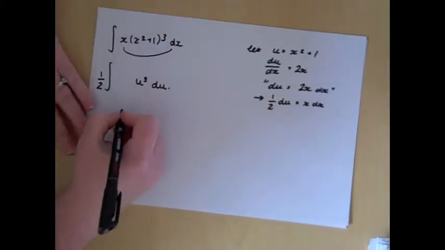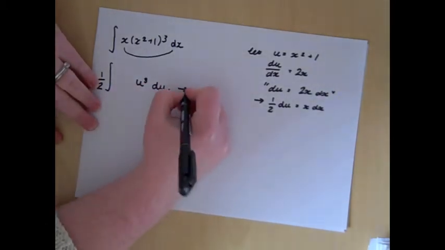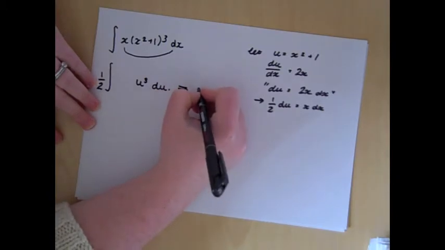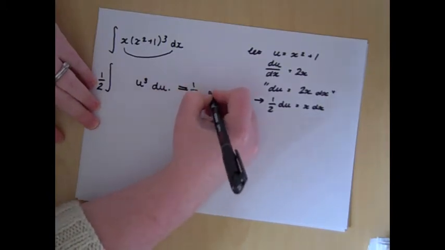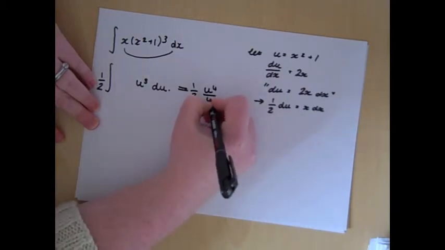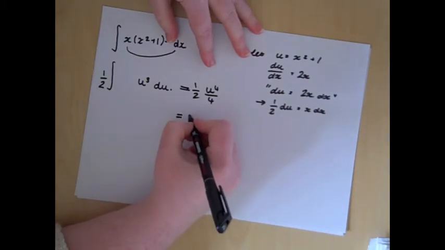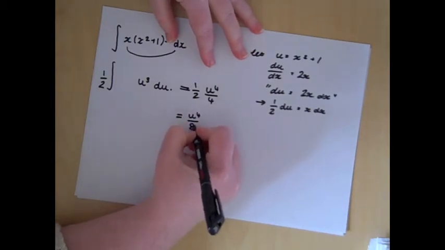So now I have my integral. I'm going to add 1 to the power, divide by the new power. So this becomes a half of u to the 4 divided by 4. And so this is u to the 4 over 8.